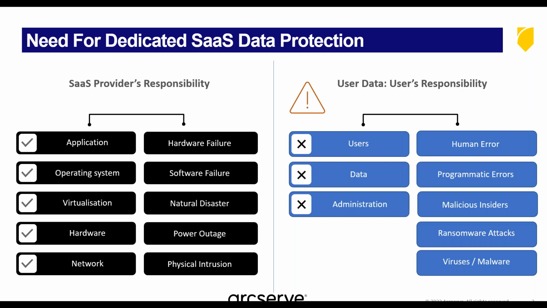As a user, we don't need to concern ourselves with how we maintain the system, how we provide the redundancy, or even handle things like disaster recovery. The assurance from the SaaS provider is that the application is always accessible. The accessibility is always on.